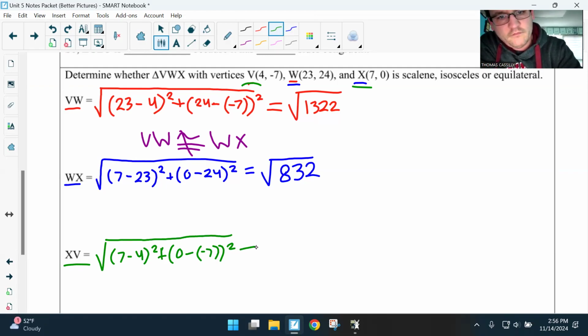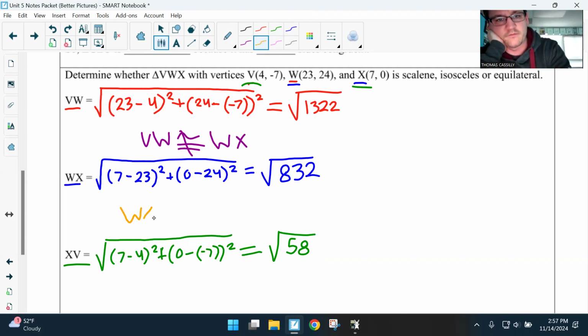All right. And again, just following that same process, punch that into your calculator exactly how you see it, and you are going to get the square root of 58. So we can establish here that WX is not congruent to XV.